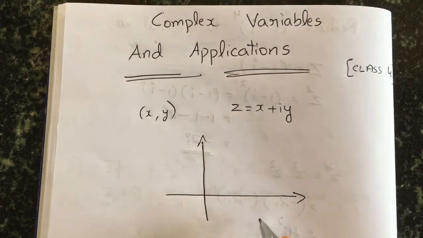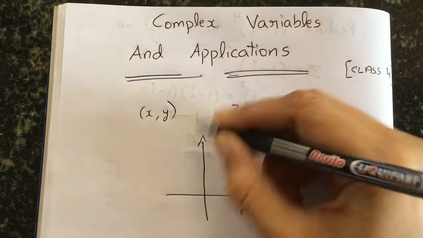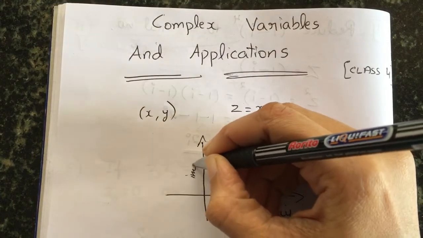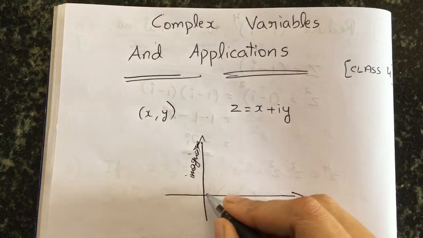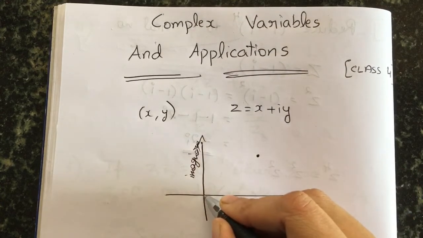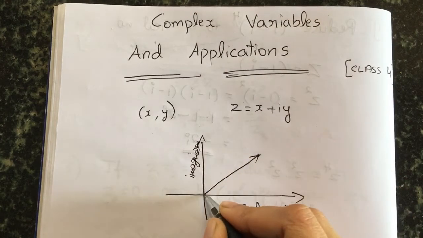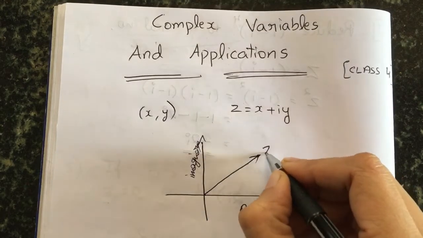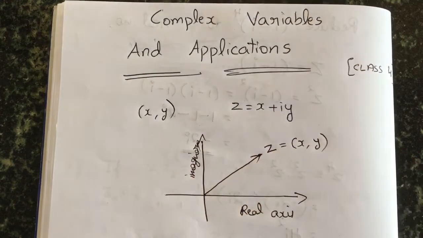This is the real axis and this is the imaginary axis. Any point, say this is z, I can represent as a vector directed from the origin to the point z. This is usually written like this. This is the vector x plus iy.